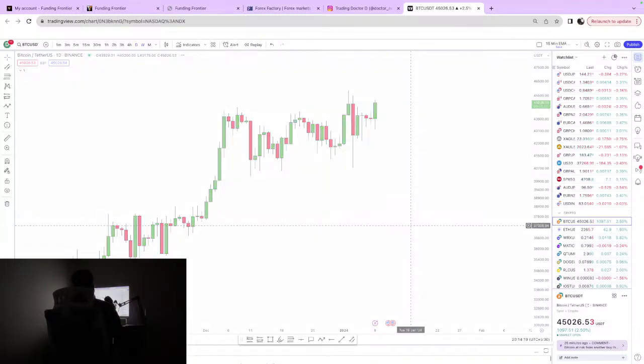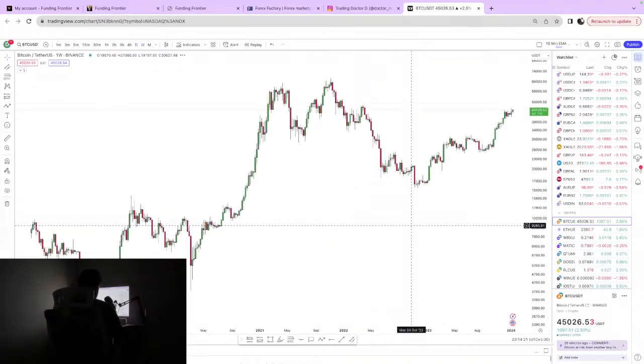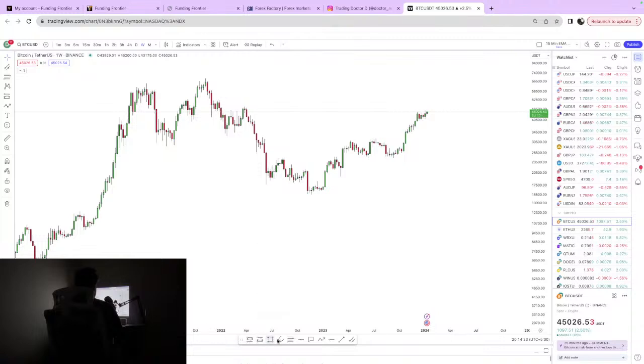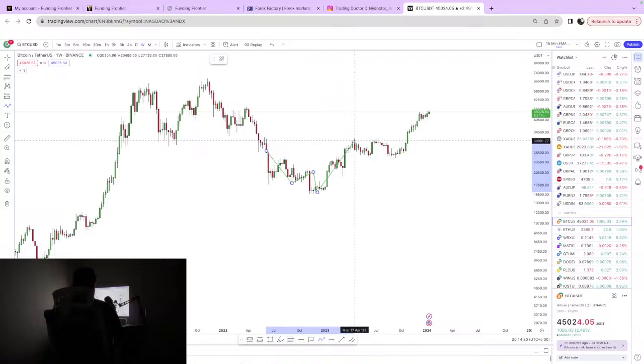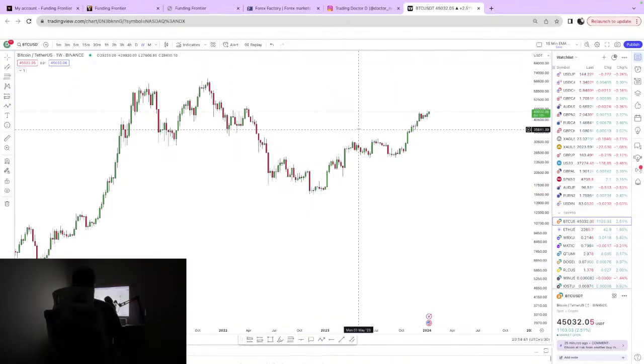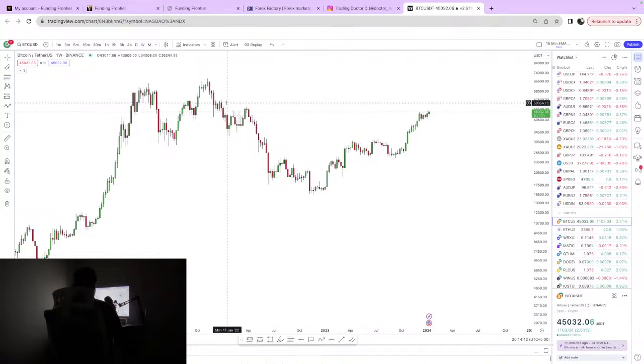I'm tracking Bitcoin for the past 3-4 years continuously. Very beautiful inverse head and shoulder, proper breakout, proper retest candle, proper liquidation, and then boom on the weekly time frame. And now it is going for this point, $52,000 approximately.